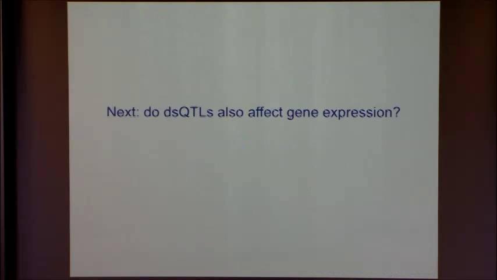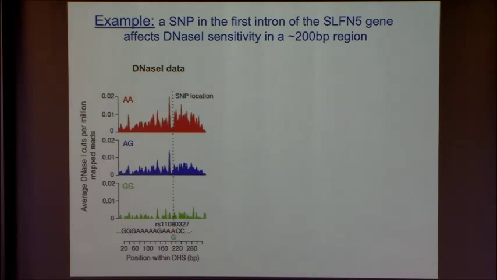So the next question is, do these dsQTLs that we've identified affect gene expression? And happily the answer is that they do. So here's one example. Here's a dsQTL. There's a SNP in the middle of this sensitive region. It's a couple hundred base pairs wide. So the AA genotype is relatively sensitive. The GG genotype is relatively insensitive.